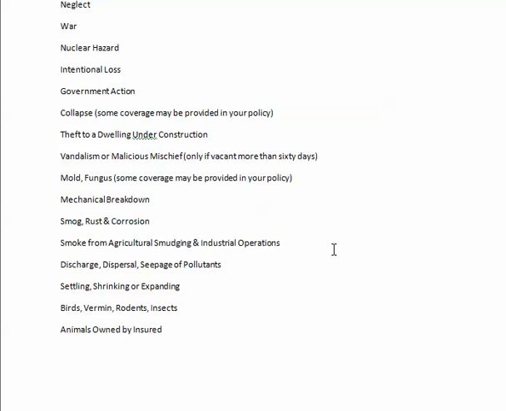It also is a named peril policy and it covers against 16 named perils. This protection covers both your dwelling and your personal property.